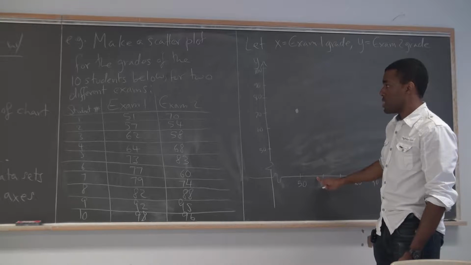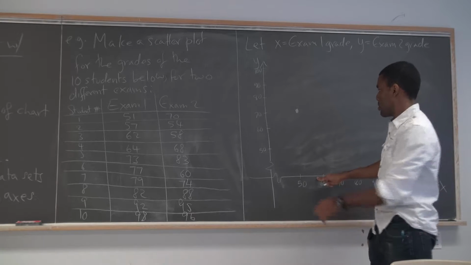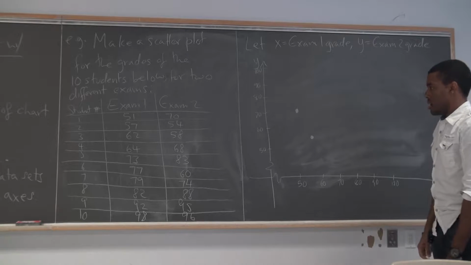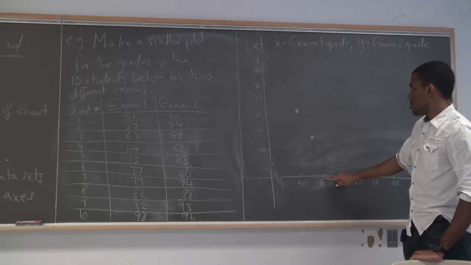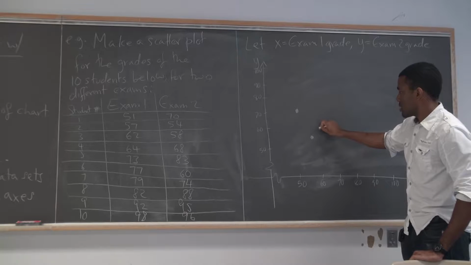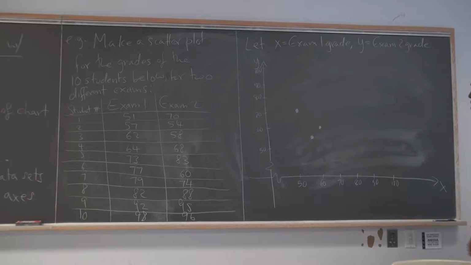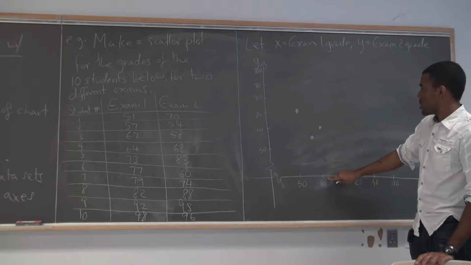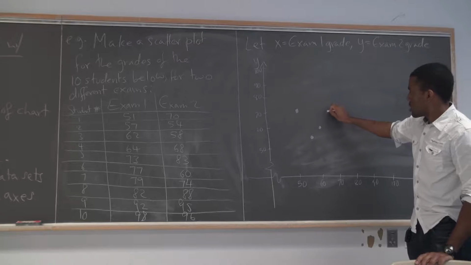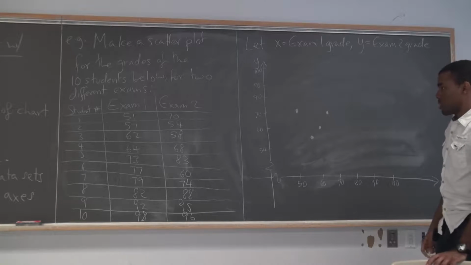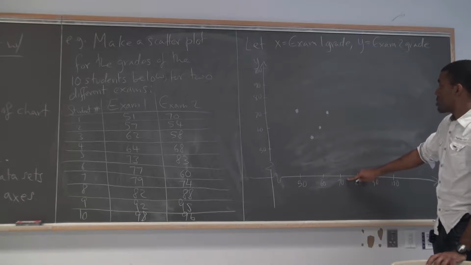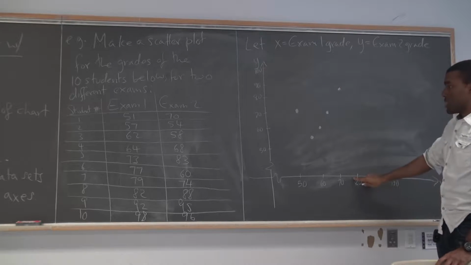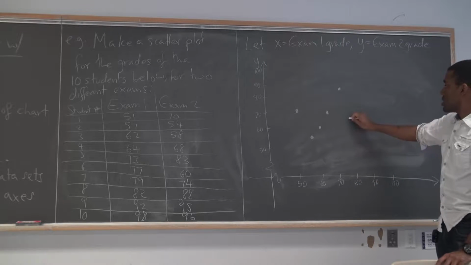So we go from a 57 roughly to a 54. So the second student's going to be somewhere like here. Then we're going from a 62 to a 58. Right there. Then from a 64 to a 68. Here. Then from a 73 to an 83. Then from a 77 to a 60.